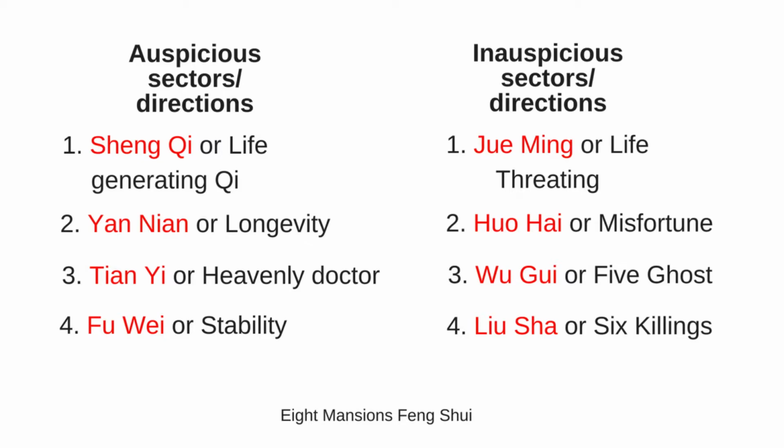We will talk more about the meaning and the quality of each sectors in the next video. And today we just need to generate the charts. And you are going to have 2 different charts. One is according to your Gua number. The other chart is according to the house sitting and facing direction.